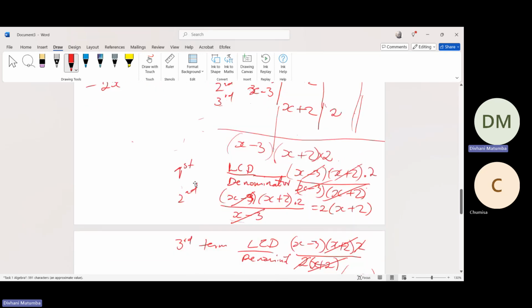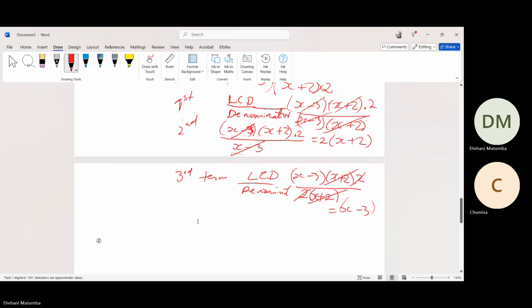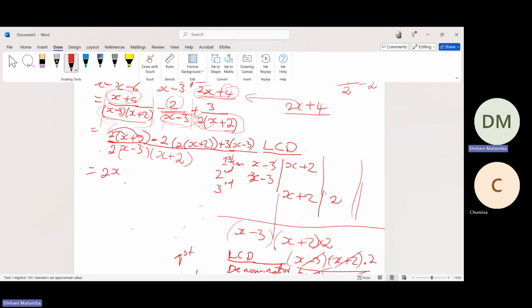Then 2 times 5 will give us 10. You agree? Yes, sir. Then the second one, it will be minus 2 times 2, let me do this first step first, into x plus 2. We're on? Yes, sir. All right.